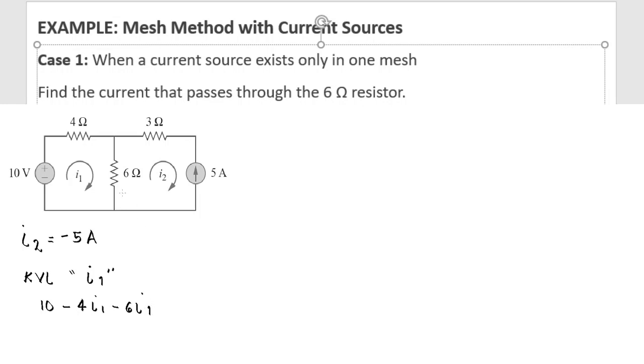For I2, our assumed I2 in reference to I1 is upward, but our I1 is downward. So that would be a positive 6I2 equals 0. Simplifying the equation, we will get 10I1 minus 6I2 equals 10. And this will be our equation 1.